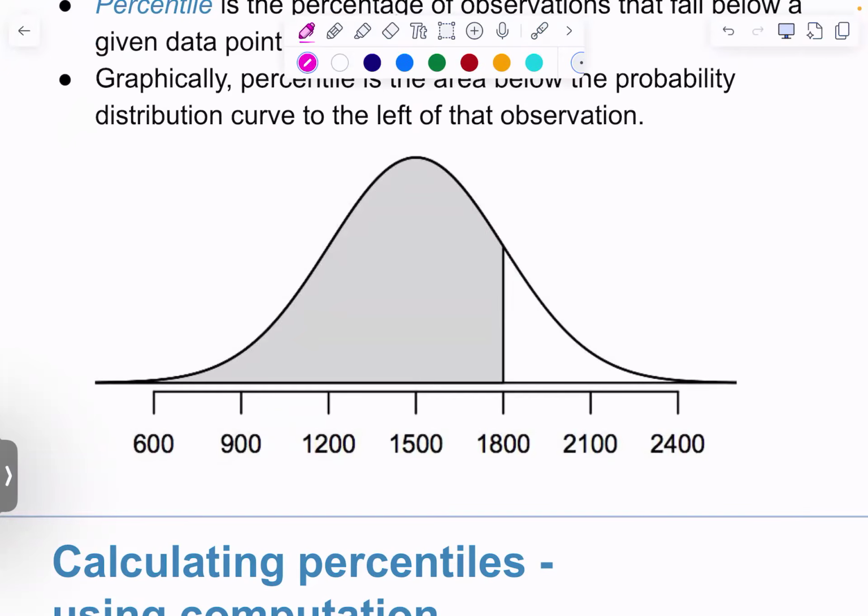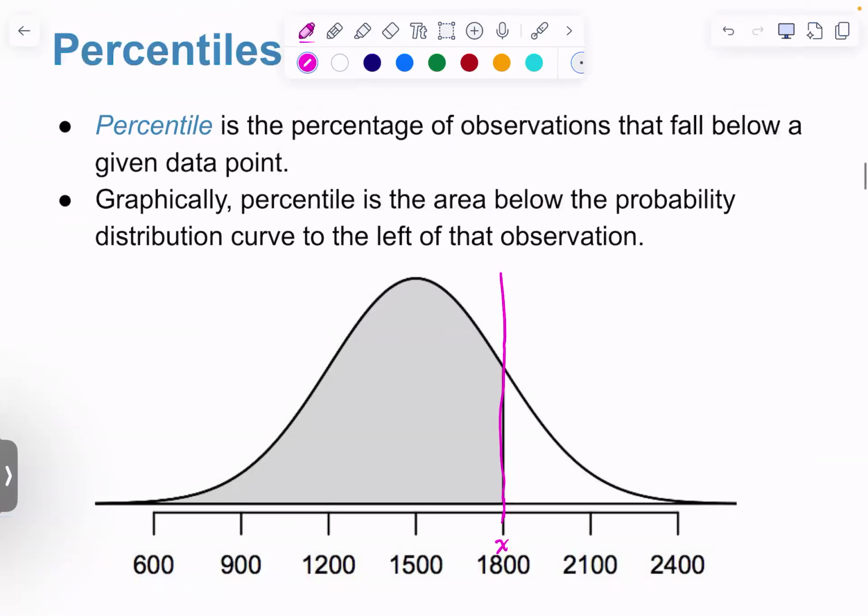Here we've got our observation of interest. Now we want to know, well, how many scored, or what percentage scored below Pam? Here, Pth percentile.